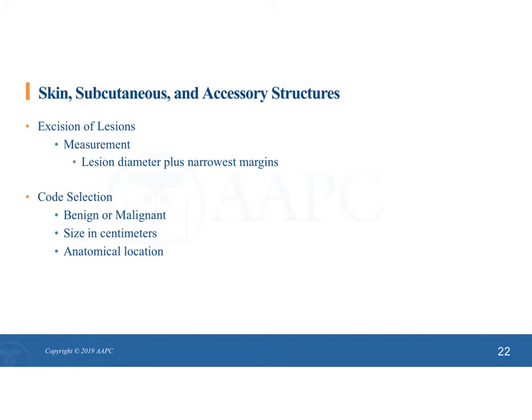Codes 11401 to 11406 are of the same anatomical location, but larger in size. If the closure of the defect created by the excision requires immediate or complex closure, it may be reported separately. You will want to read these guidelines carefully before coding from these categories.